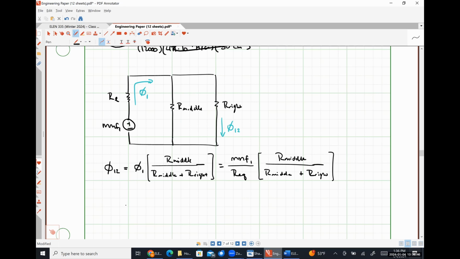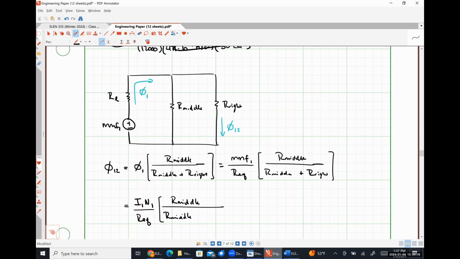We can go one step further and say that MMF1 is just I1 times N1. All right, so that is our flux.